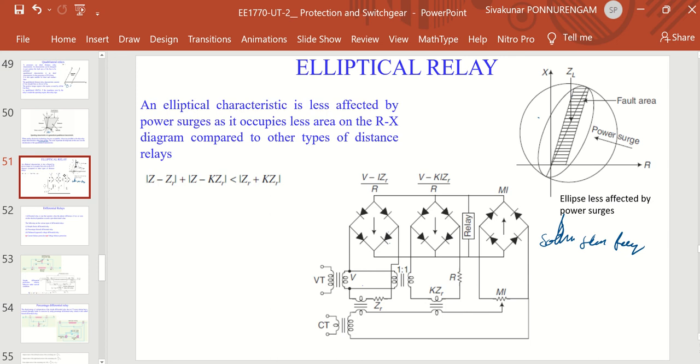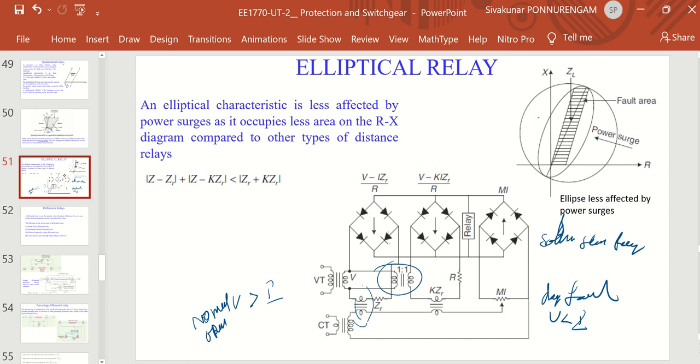The relay is available here: V minus K into IR divided by I. For normal operation, V is greater than I. During the fault, V is less than I. The current introduced here energizes the relay through a different path, and this point is also energized.